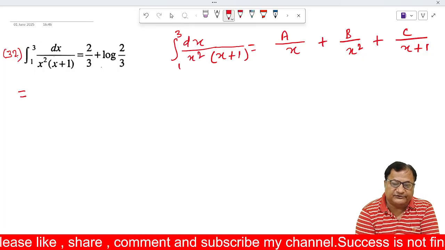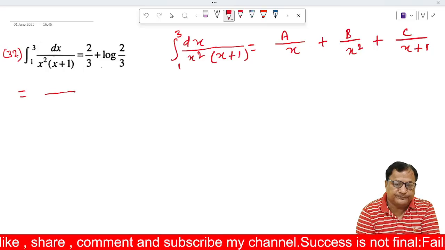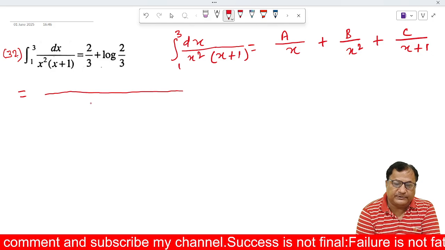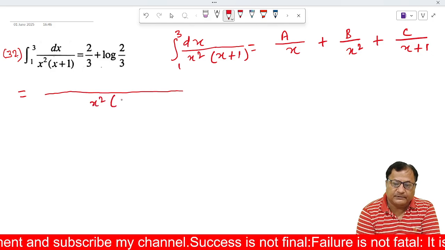We will take the LCM. The LCM will be x square into x plus 1.